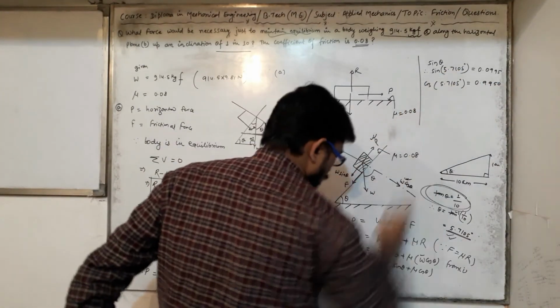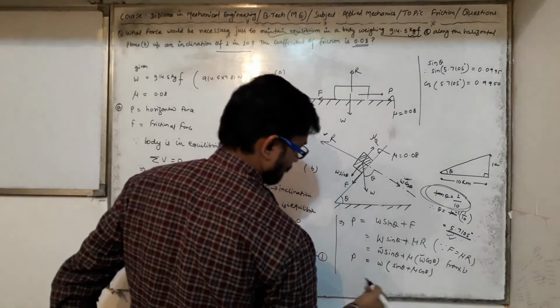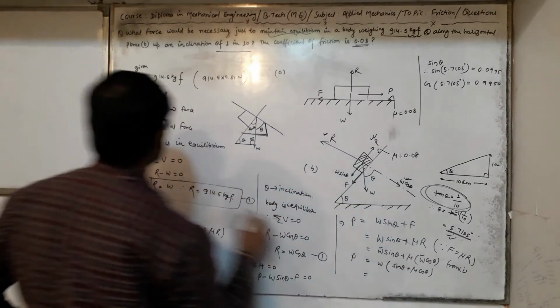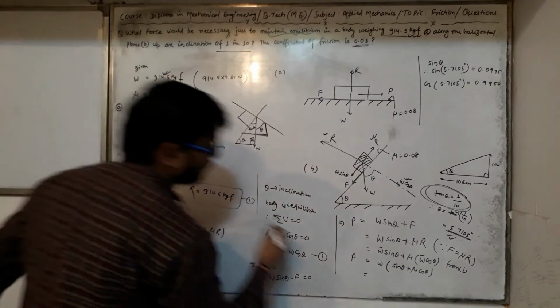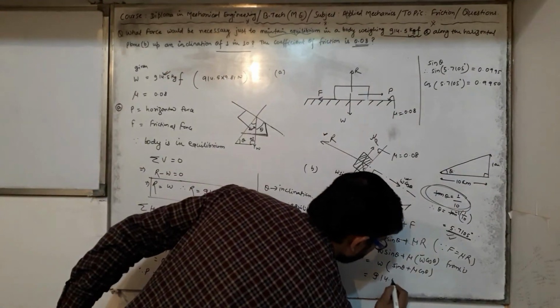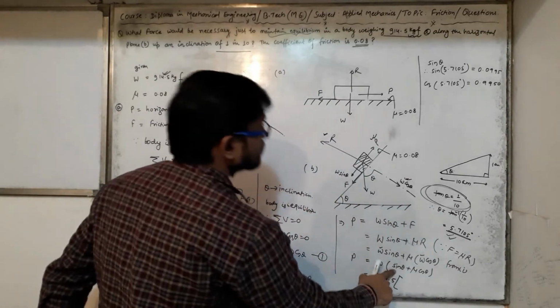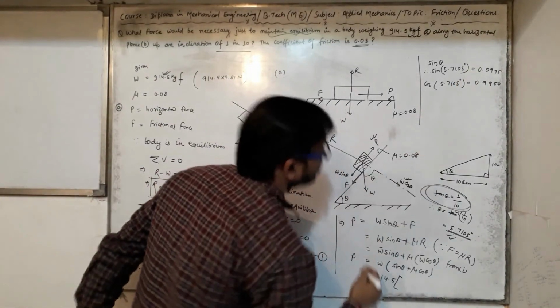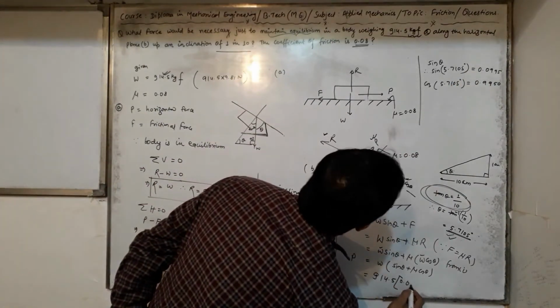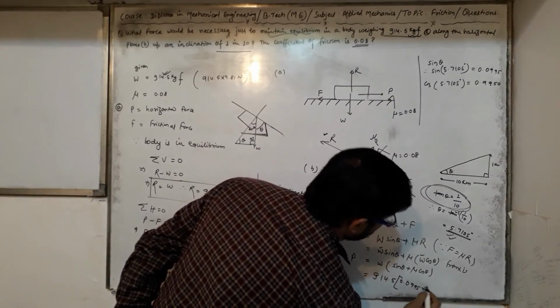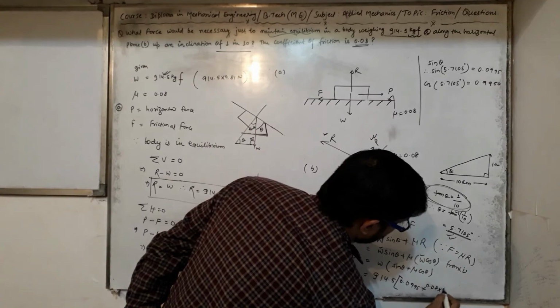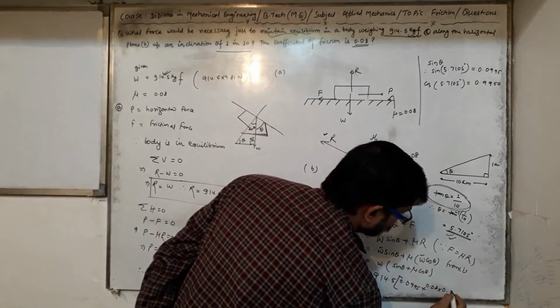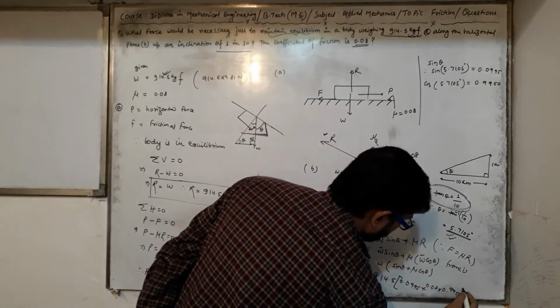Putting these two values in, W is given here as 914.5. So 914.5 times sin theta, that is 0.0995, plus mu 0.08 into the cos value 0.9950.